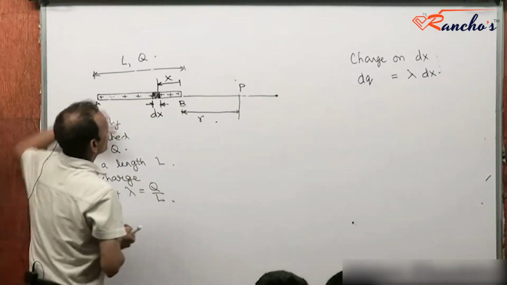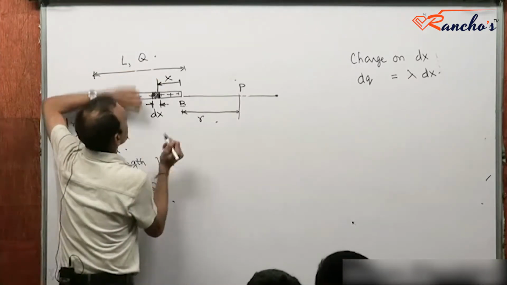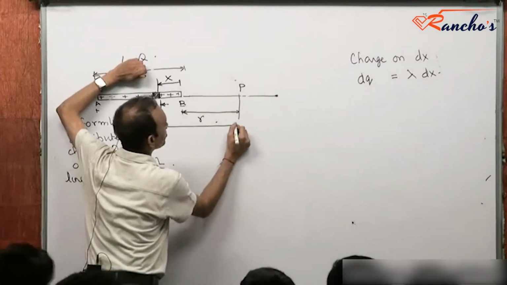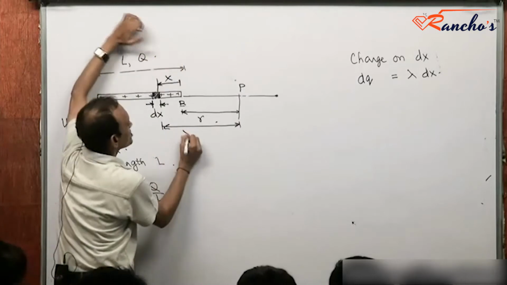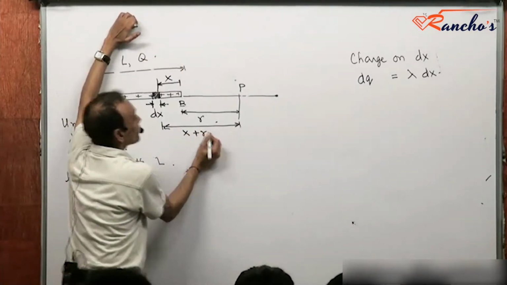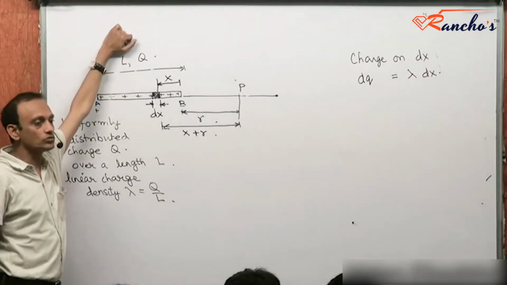Now, this point charge is at what distance from P? It is at a distance x plus r from P. Yes or no?